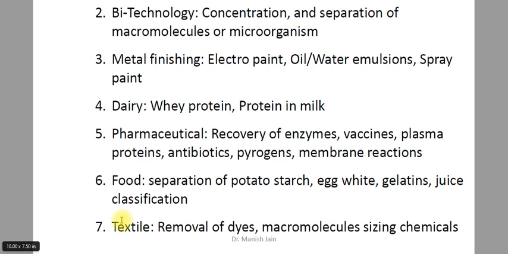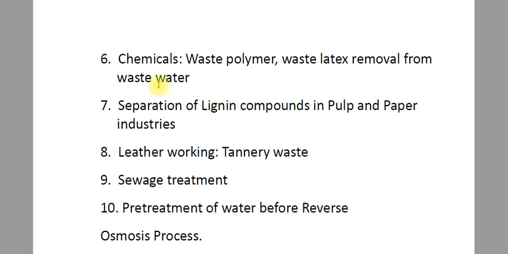That can be removed, and then the dye can be recycled. So it is used for recycling the dye water, as well as for wastewater treatment. These are the main uses of the ultrafiltration process in the textile industry.